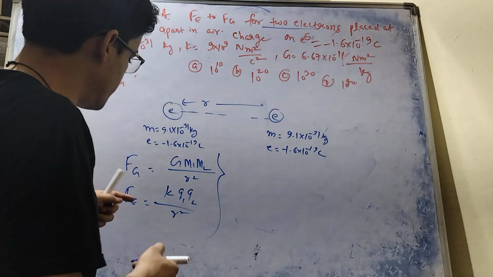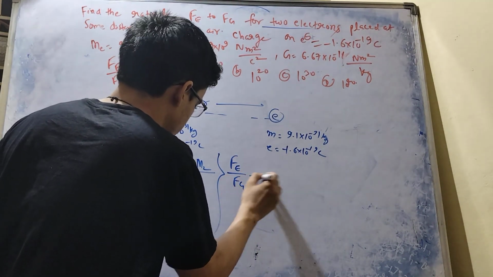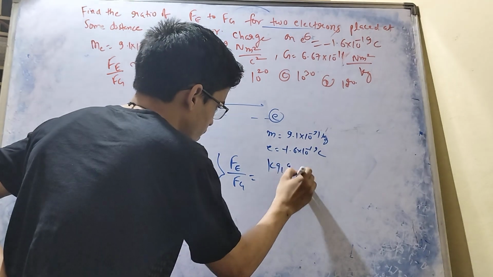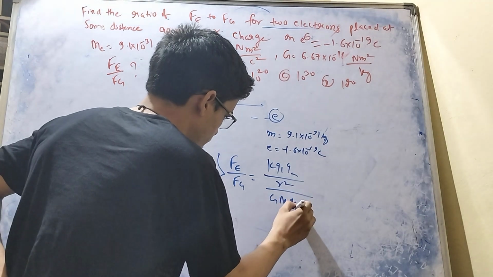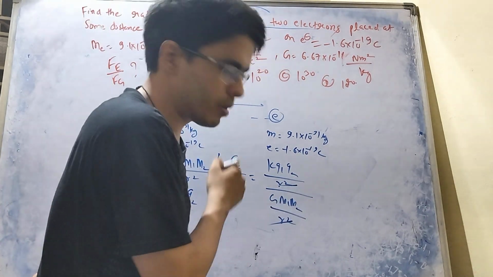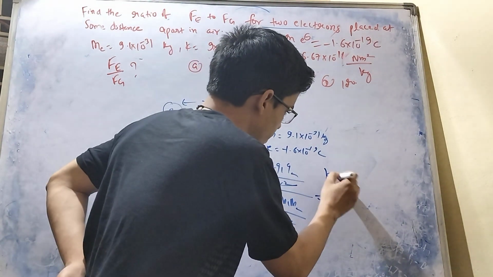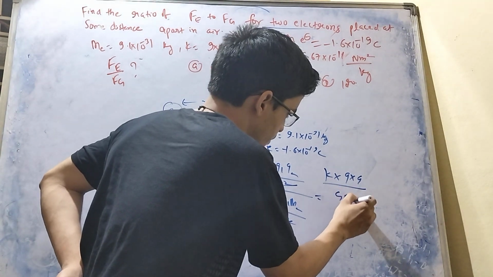Check Fe by Fg, this by this. So Fe by Fg equals K q1 q2 by r square divided by G m1 m2 by r square. Now see, r square cancels out. This will be K into q into q upon G into m into m.